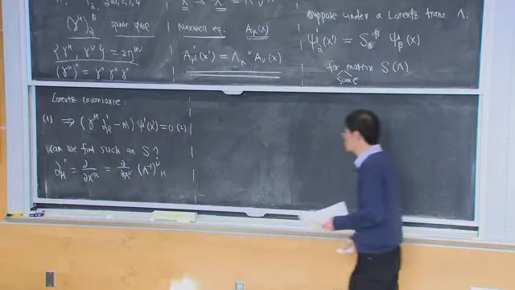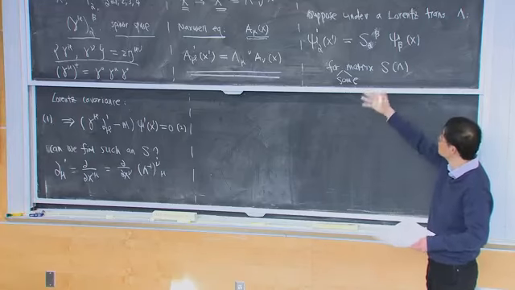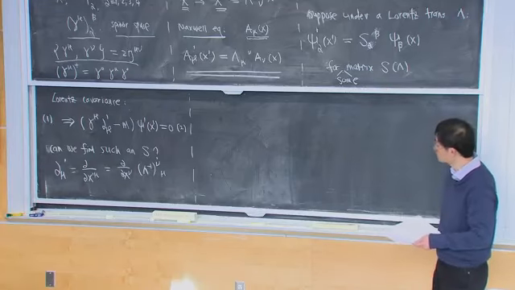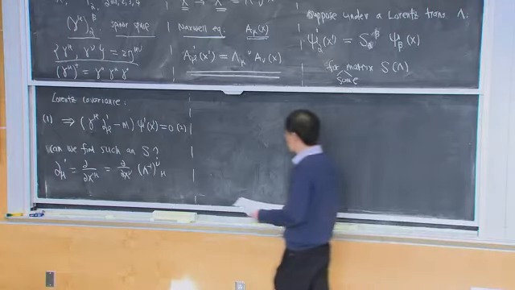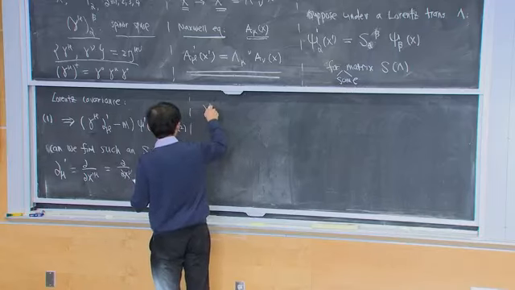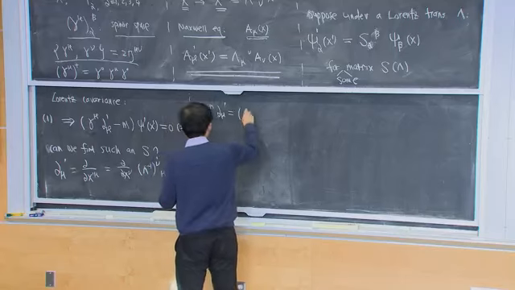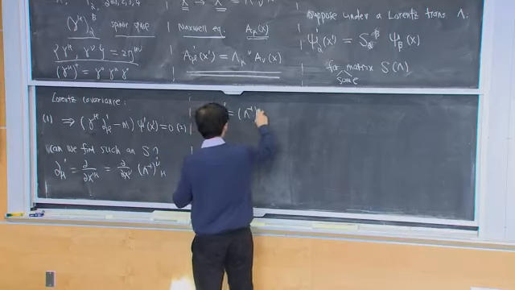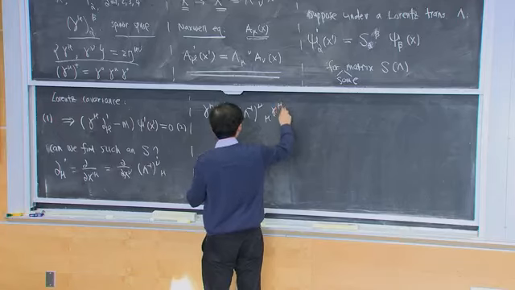This is easy to figure out because partial x mu has to be a singlet, so it transforms as an inverse matrix. This implies that gamma mu partial mu prime should be equal to lambda minus 1 nu mu gamma mu partial nu.